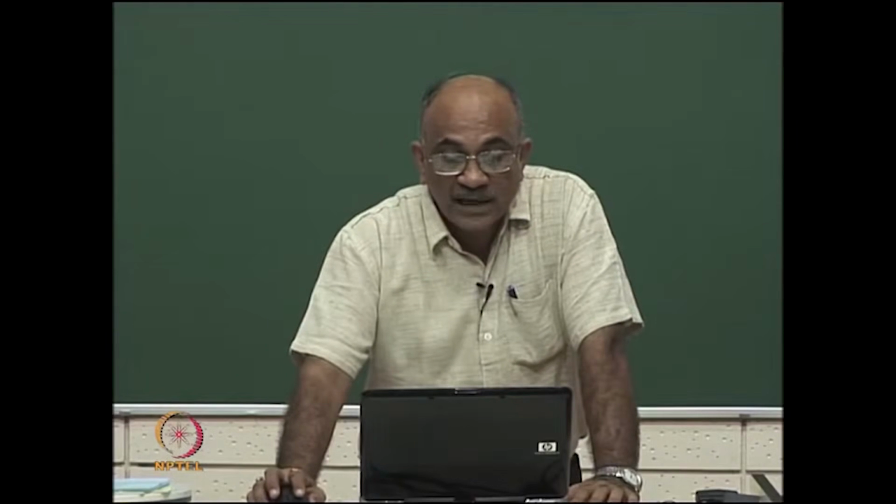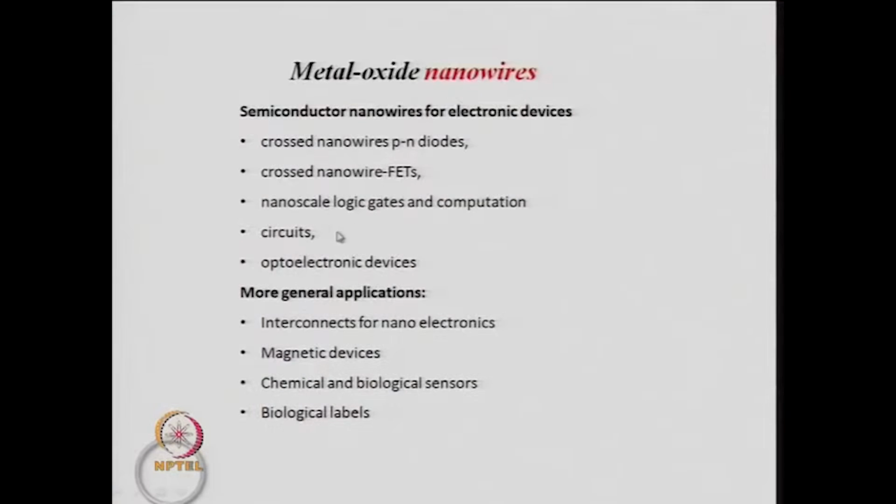You can also make nanoscale logic gates, other general circuits, and optoelectronic devices using semiconductor nanowires. So, all these applications which we mentioned, PN diodes, FETs, logic gates, are with semiconducting nanowires.